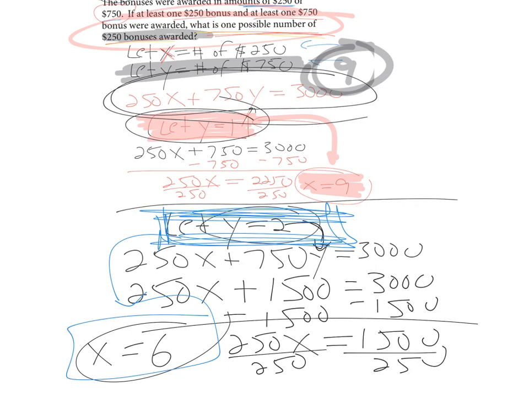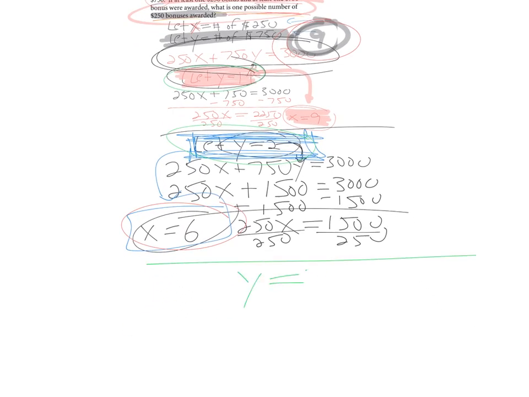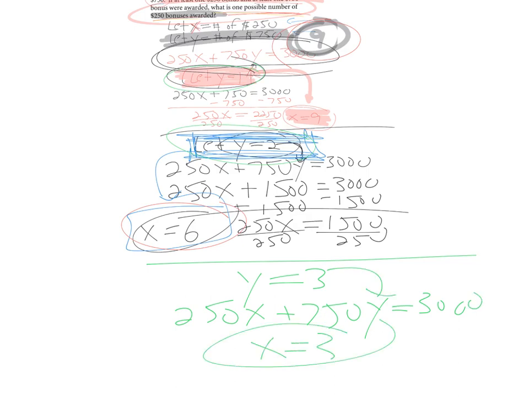So one answer to the question is 9, one answer to the question is 6. You see how we assumed y is 1 and y is 2? You can assume y is 3, and if you would have plugged in 3 into the equation for y, you would have gotten x is equal to 3. So these are the three correct answers, 3, 6, and 9.